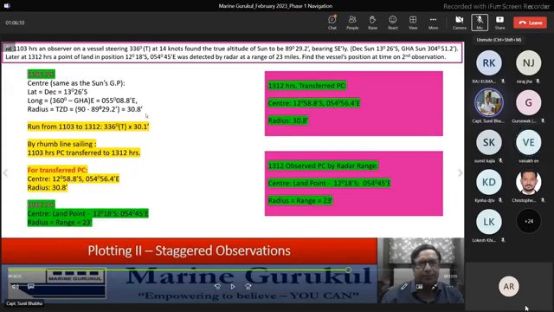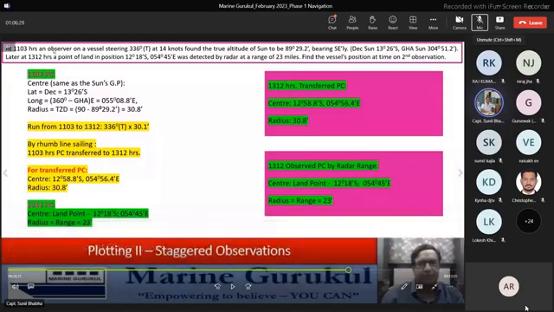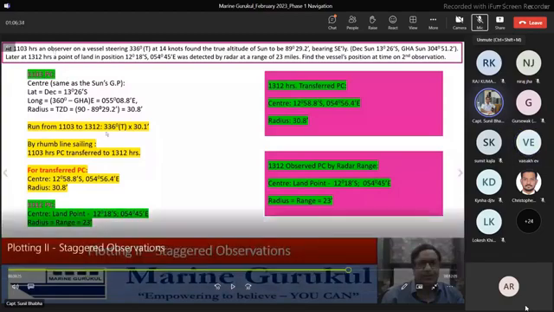Yes, sir. Now from 1103 to 1312, the vessel has moved on a course of 336 at a speed of 14 knots. So if we want to transfer this position circle, we have to apply our course and distance to the center of the PC, right? Yes, sir. Okay. So we have a course of 336 and the distance covered from 1103 to 1312 with a speed of 14 knots is 30.1 miles.